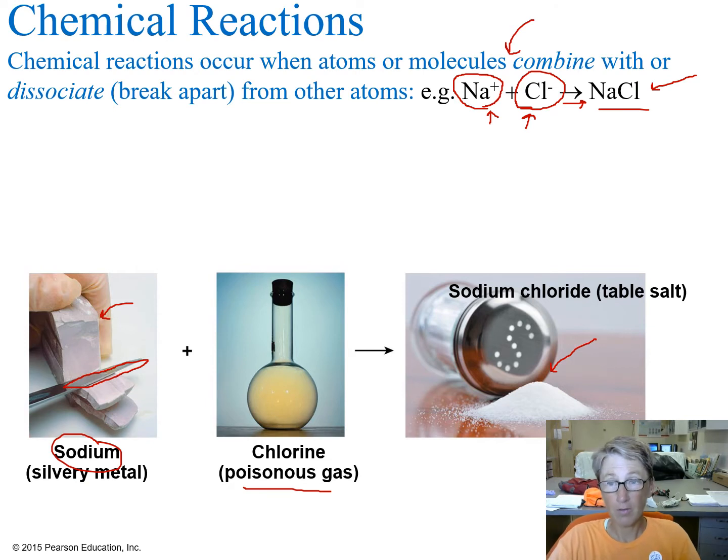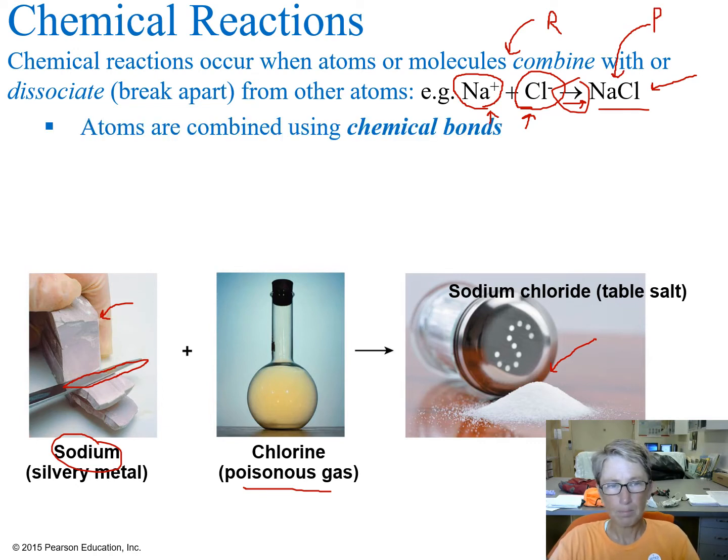And if you remember, the items on the left side of the arrow are called the reactants or substrate. I think the term substrate is used more in physiology and the term reactant more in chemistry. And then on the right side of the arrow, sodium chloride, that would be the product. When you combine atoms together, you're using chemical bonds.